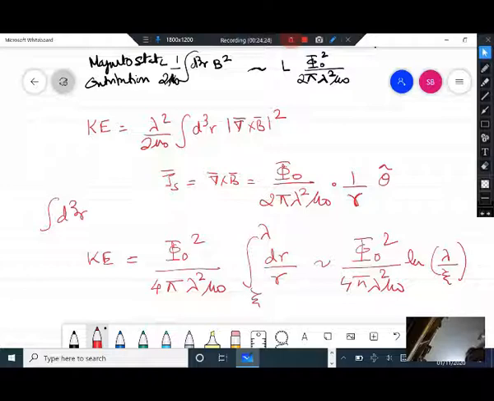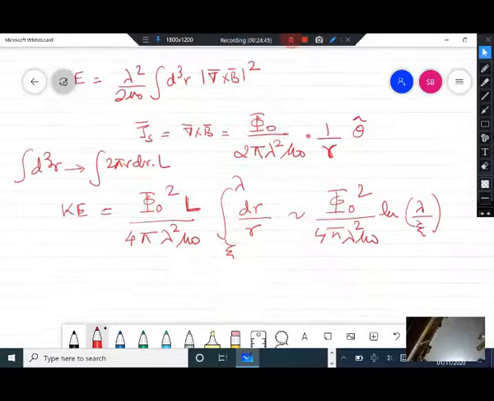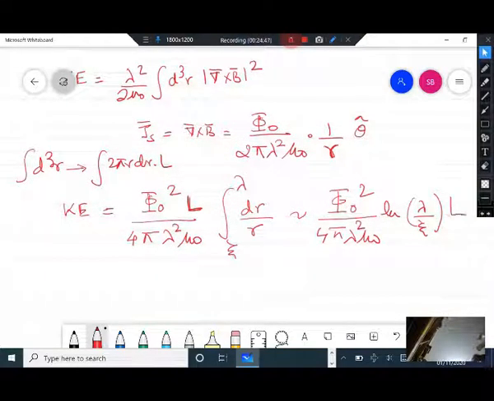Integral d cube r, I forgot to mention, would be integral 2 pi r dr into L. So there would be a factor L which will come here, and this 2 pi will take care of these additional terms, and this factor will be remaining.